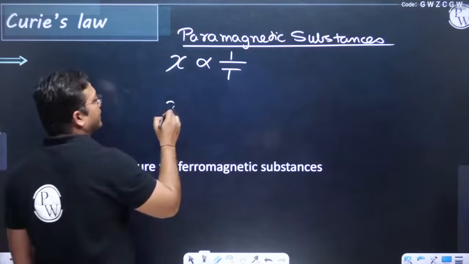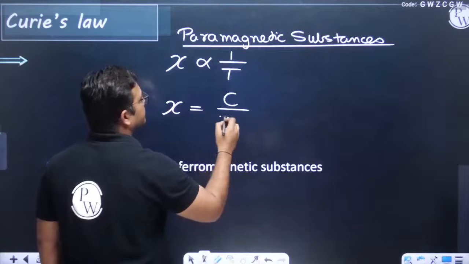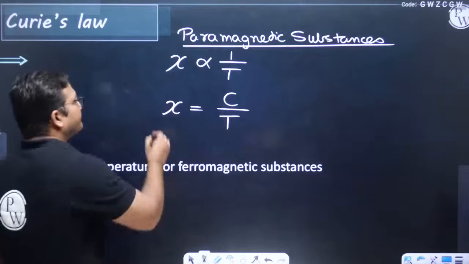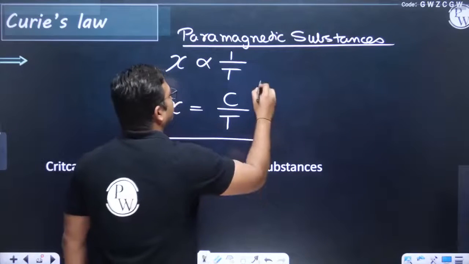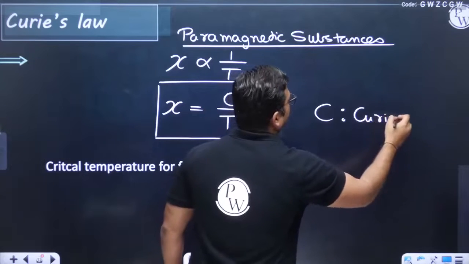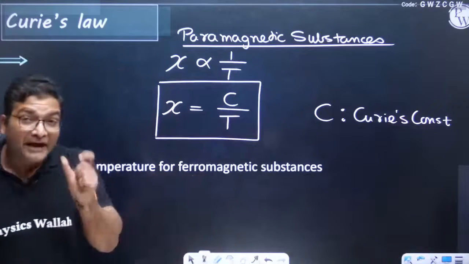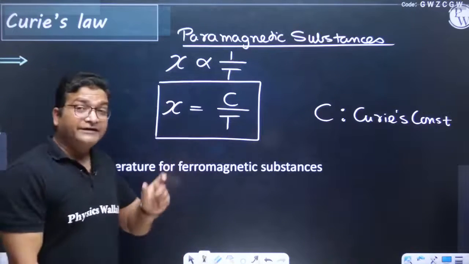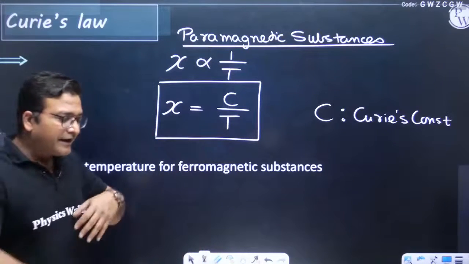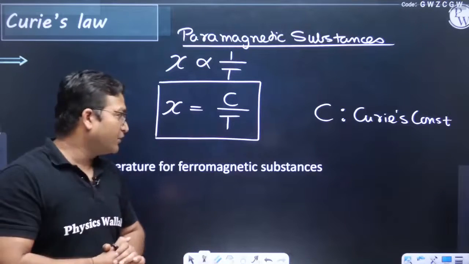So he gave a law that susceptibility equals some constant C divided by T. You raise the temperature, the susceptibility decreases. C is called Curie's constant. Remember, this law is about paramagnetic substances, and when the absolute temperature increases, the susceptibility decreases because of increased randomization of molecules due to thermal energy.